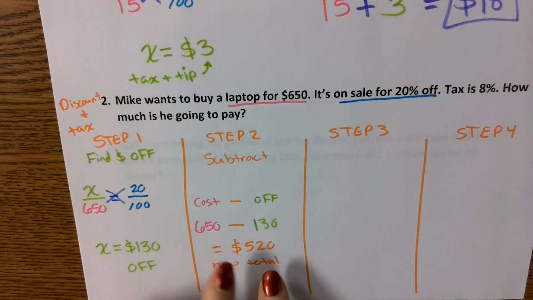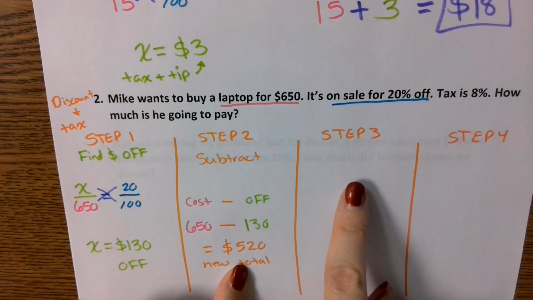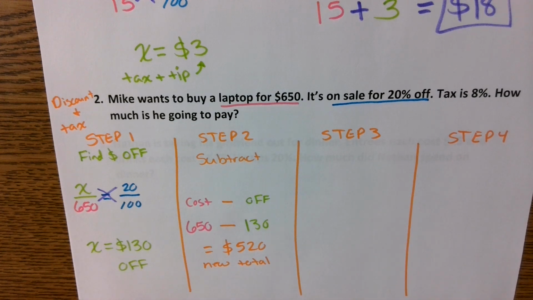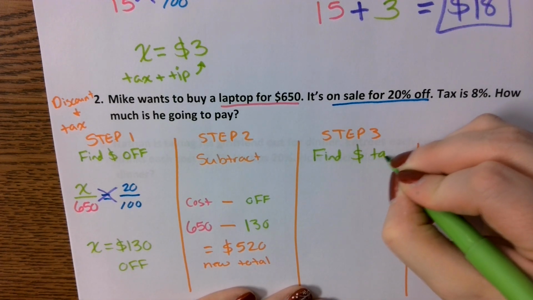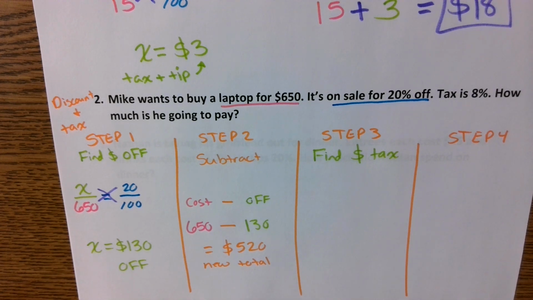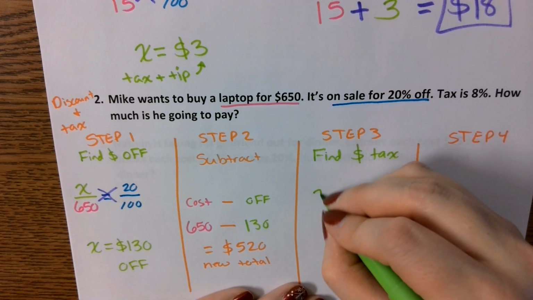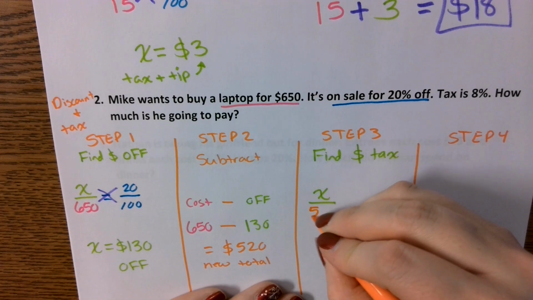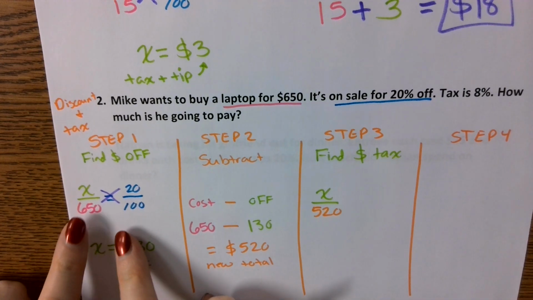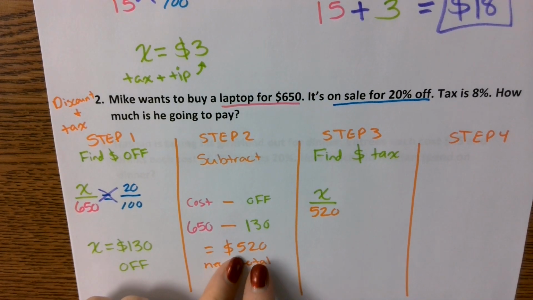So once we know our new total, we're going to find our tax. So step 3 is to find the money amount for our tax. So when I set up my proportion, it's going to be X over what? 520. Very good. X over 520, because we're not paying 650, we're now paying 520.